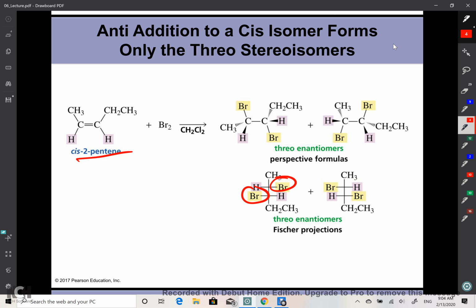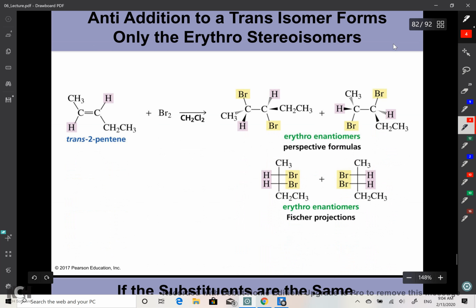That's the opposite of a syn addition. With a syn addition, the cis gives you the cis, the trans gives you the trans, or the threo. Does that make sense? And so the trans product, in this case, will give you an erythro.